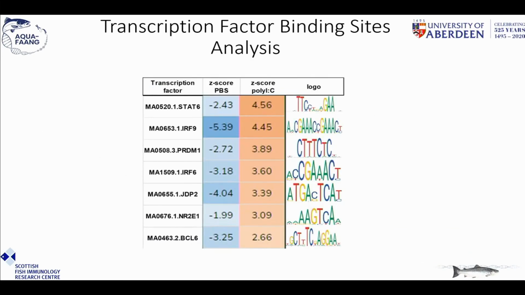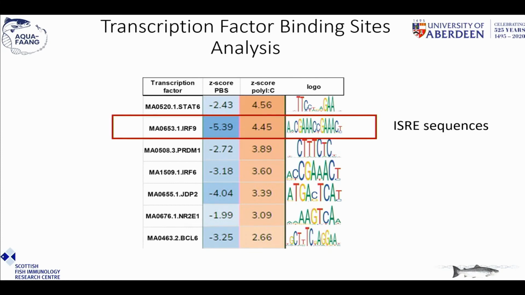Next, we also did some transcription factor binding site analysis using ATAC and ChIP data. Again, we have an ISRE motif-enriched binding site for IRF9, which was highly enriched in poly-IC stimulated fish.